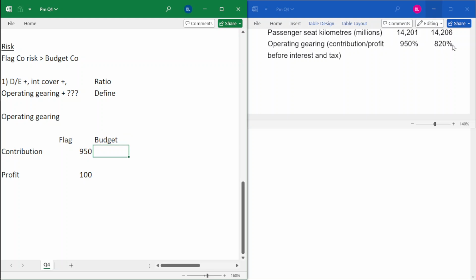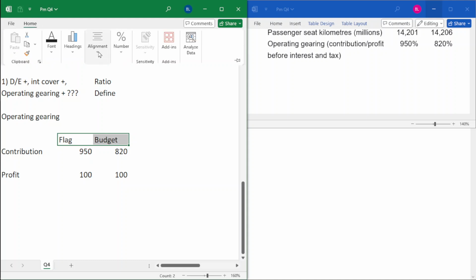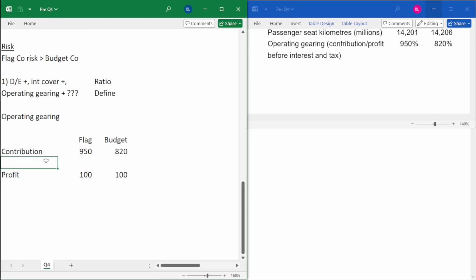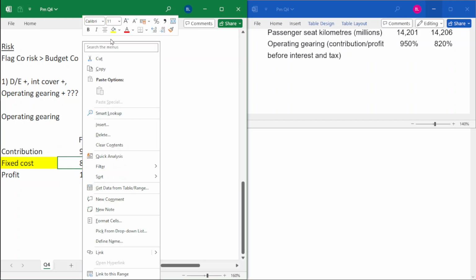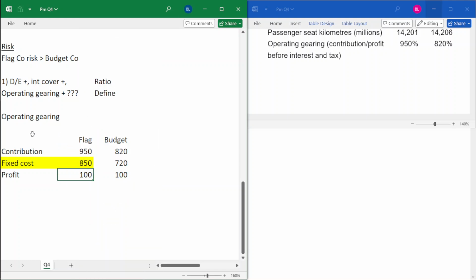Budget is 820 over 100. The gap between contribution and profit is the fixed cost. So we talk about the fixed cost. This one is more dangerous, because it has the highest fixed cost.